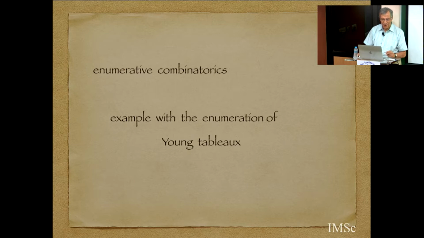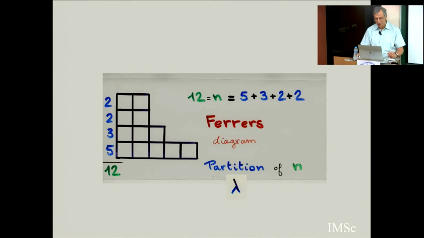A deeper example is the enumeration of Young tableaux. There will be many tableaux in this class, especially Young tableaux and other kinds of tableaux. First, define a partition or a Ferrers diagram. A partition of n is just a sequence of integers, like 5, 3, 2, 2, which add up to n.